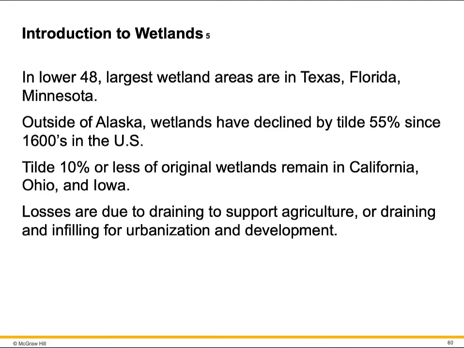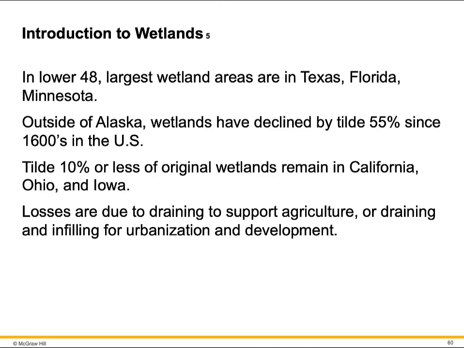In the lower 48, the largest wetland areas are in Texas, Florida, and Minnesota. Outside of Alaska, wetlands have declined by about 55% since the 1600s in the United States.